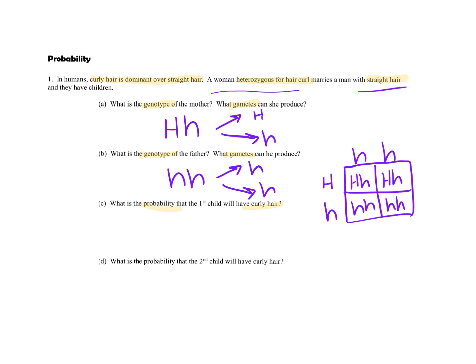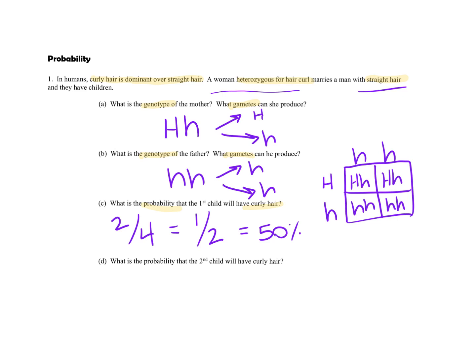So I'm going to say that's a 2 out of 4 chance, because we have 1, 2 out of 4 total, that the child will have curly hair. And then I should simplify that to 1 out of 2, think like fractions. And then what I always do just to cover all my bases is I also include the percent, which for 1/2 or 1 out of 2 is going to be 50%.